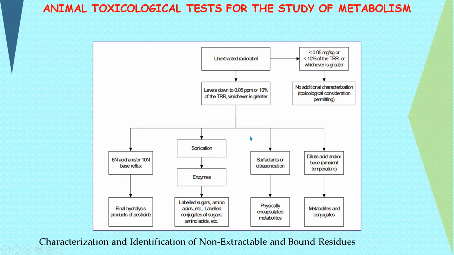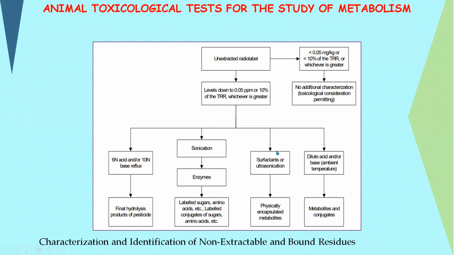Here the material needs to be mixed with 6N acid, maybe 10N base reflux, then sonication, and then the final hydrolysis product or the pesticide is obtained. Or else the material needs to be sonicated, then enzyme extraction, then labeled sugars, amino acids, etc., need to be considered.